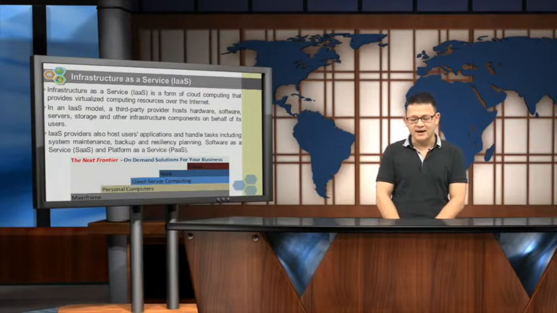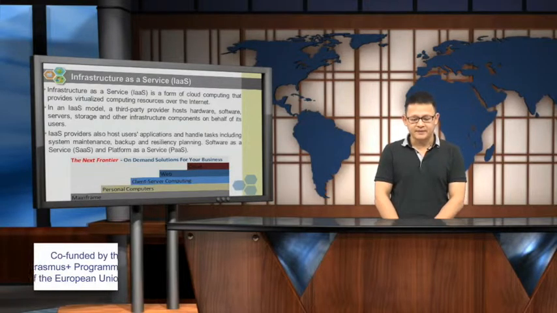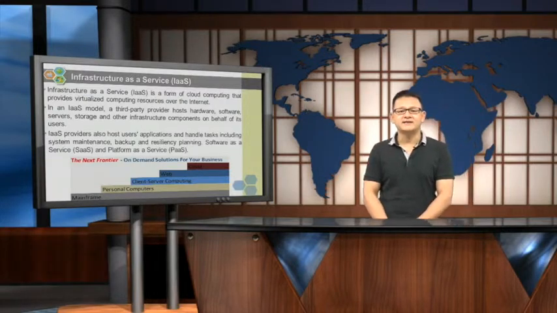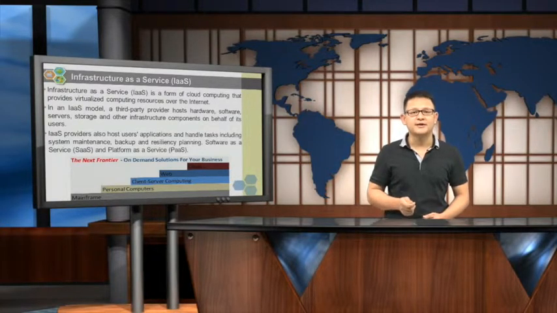What is IAAS? IAAS stands for Infrastructure as a Service, and it is a form of cloud computing that provides virtualized computing resources over the internet. IaaS is one of three main categories of cloud computing services alongside software as a service, what we call SaaS, and platform as a service, what we call PaaS.